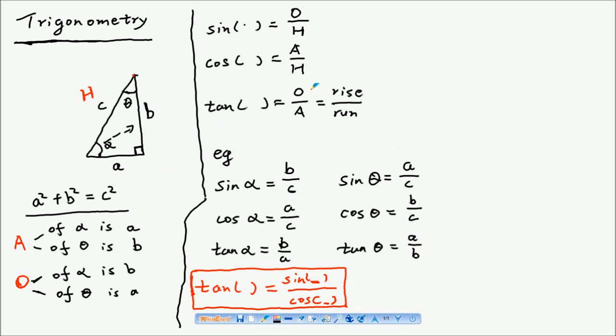Also the opposite of angle theta is a, and the adjacent of angle theta is b, so both ways are similar. It's a divided by b, and you decide which way is more comfortable to use. Those are the standard knowledge you have to know before I start with the math method trigonometry chapter.